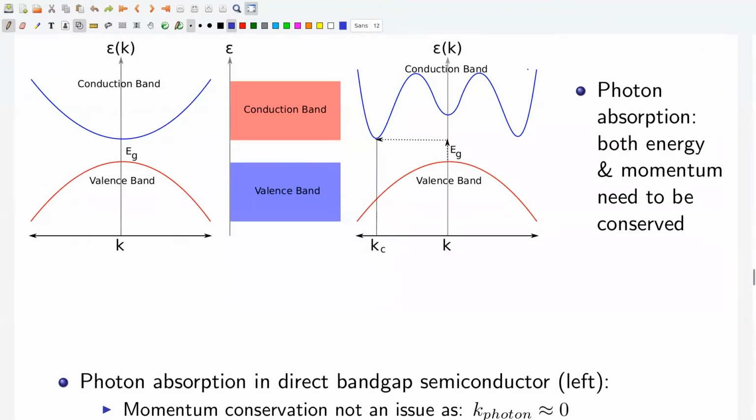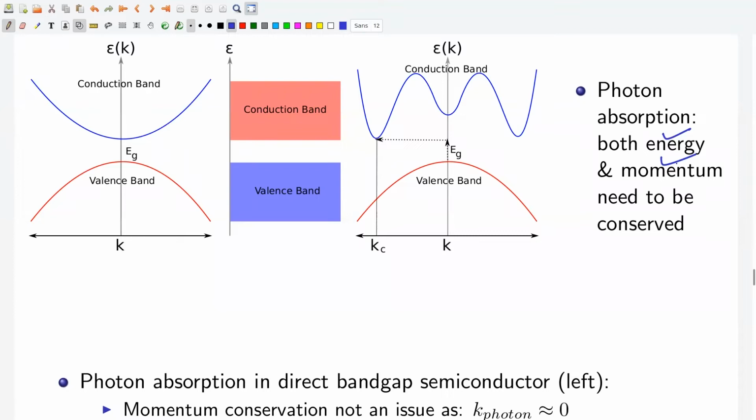Consider an electron being excited from the valence to the conduction band via photon absorption. In the process of photon absorption, both energy and momentum need to be conserved.